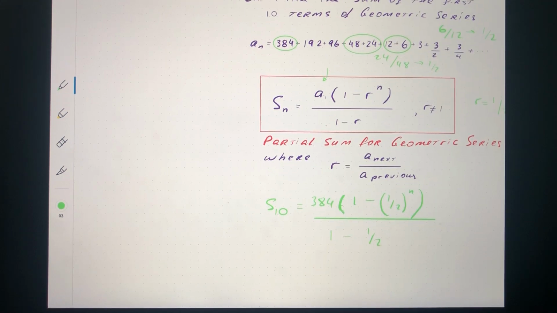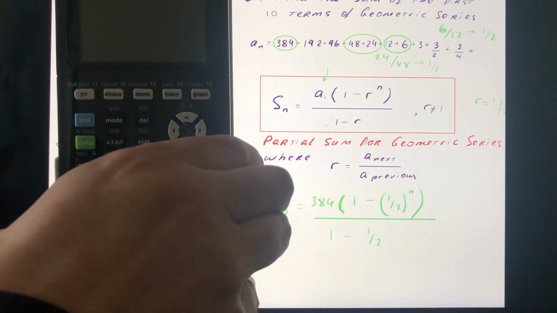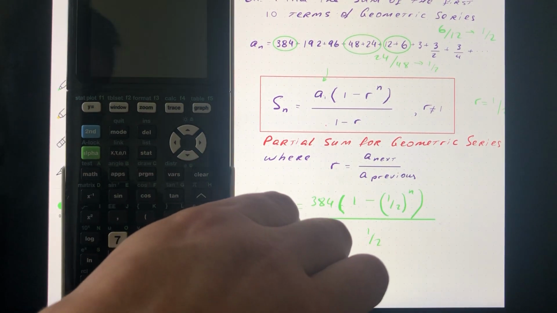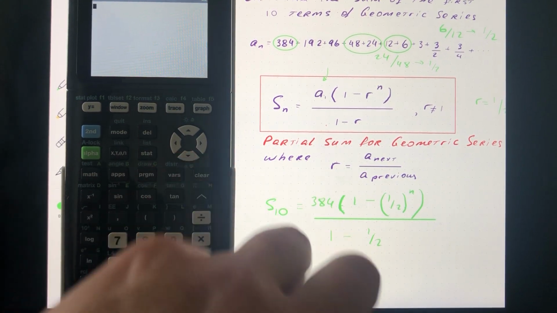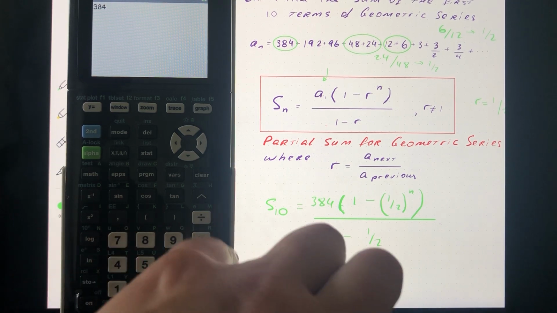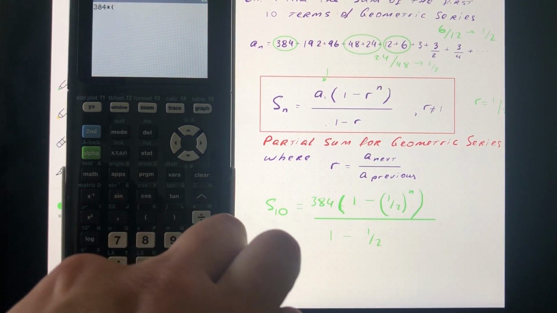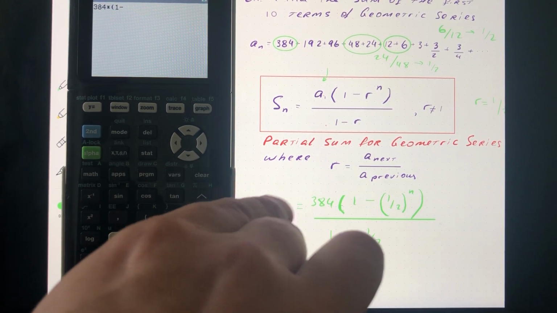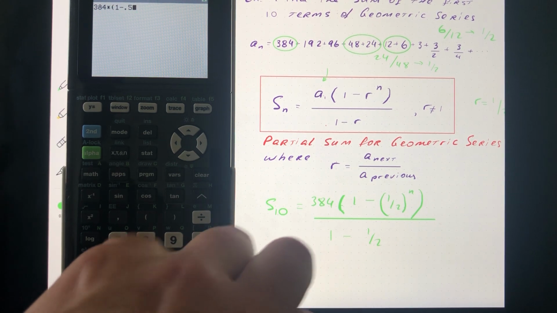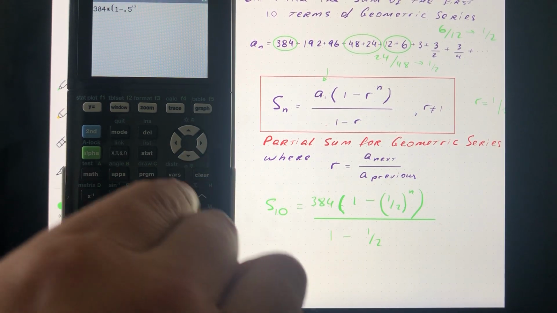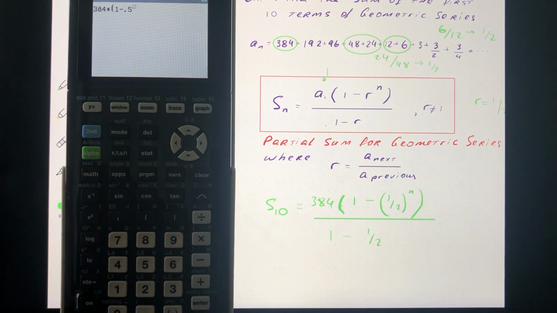So I'm scooting over the drawing so we can put the calculator next to it and type in the numbers. 384 times 1 minus 0.5 to the power n. n is how many terms we add in. We add in 10 terms, so our n is going to be 10.